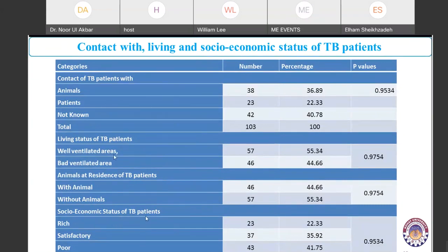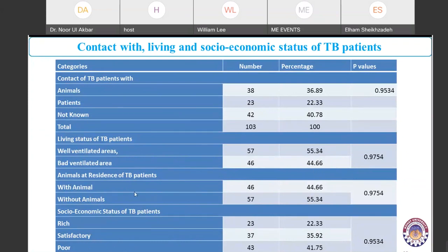These are the socioeconomic status: 22.33% were rich, 35.92% were satisfactory, 41.75% were poor. Well ventilated area 55.34%, and badly ventilated area 44.66%.